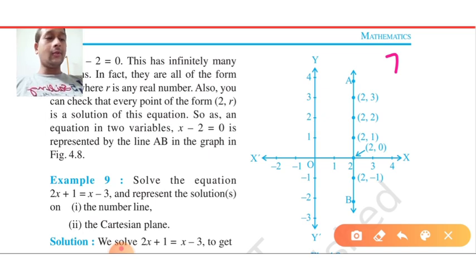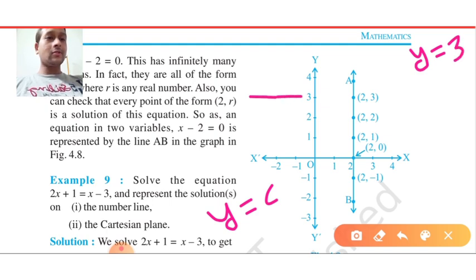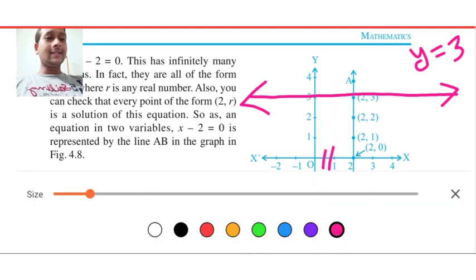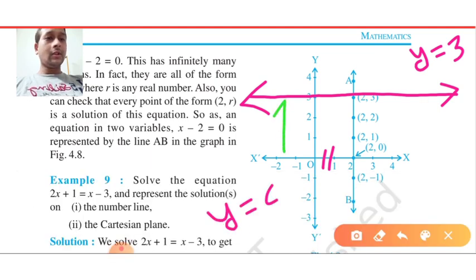Instead of this, if you take y equal to, say, 3, it will be like this, it will pass through this point. This is a line parallel to the x-axis and it is at a distance of 3 units from the x-axis. It is constant throughout.